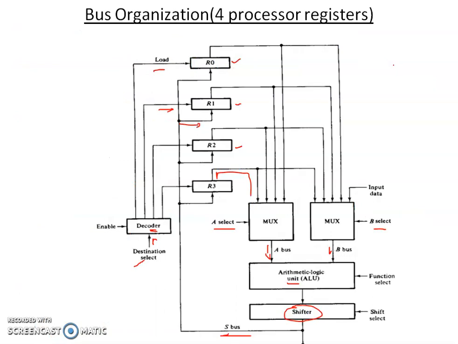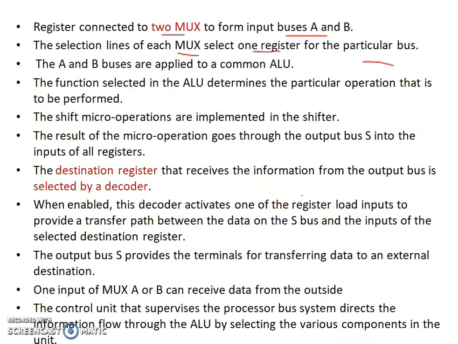The A bus and B bus are applied to the common ALU. The function selected in the ALU determines the particular operation to be performed. Shift micro operations are implemented in the shifter, and the result of the micro operation goes from the output bus S into the input of all the registers.